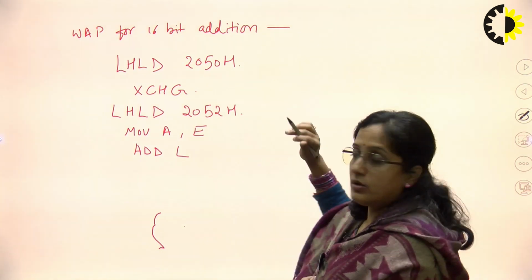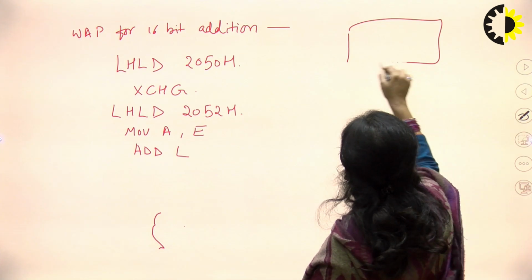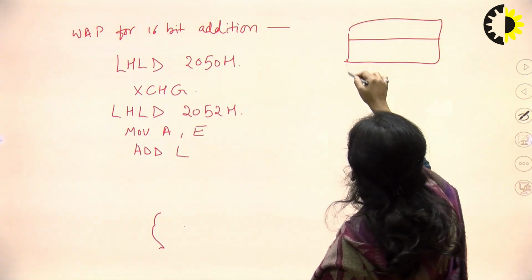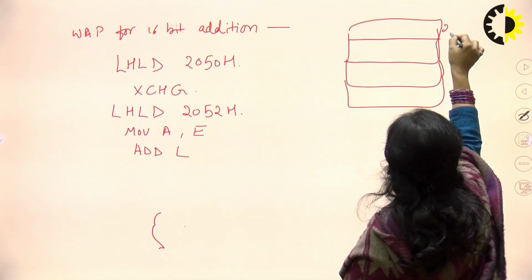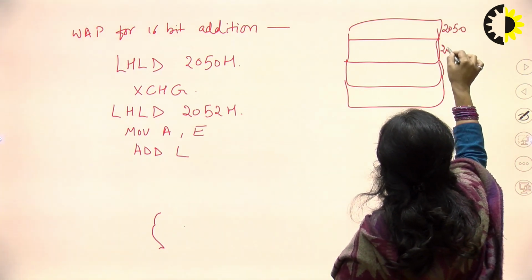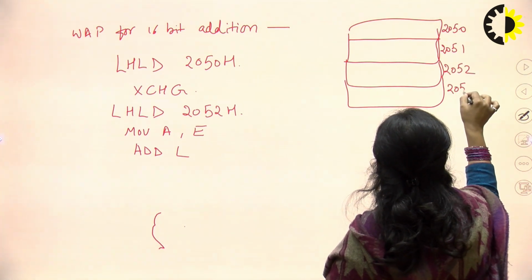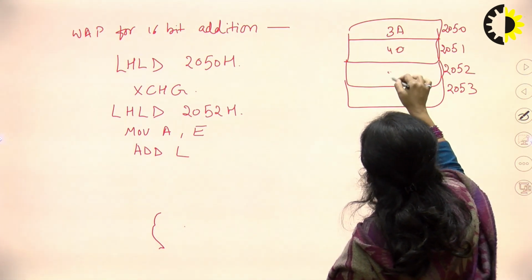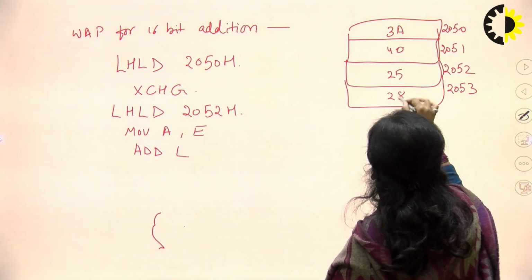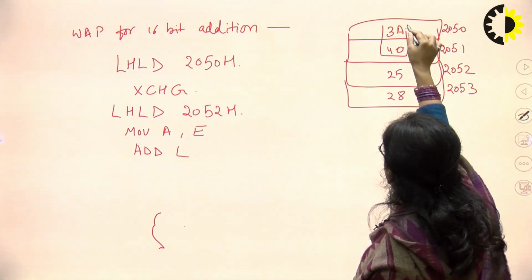So just have a look at how we are going to proceed. Our data at 2050, 2051, 2052, 2053 is 3A, 40, 25, 28. So this is our 16-bit data.